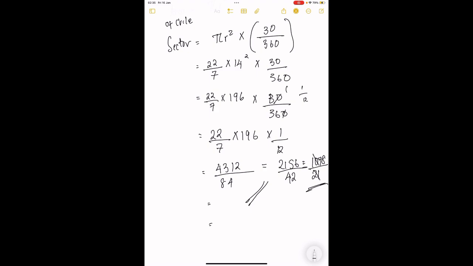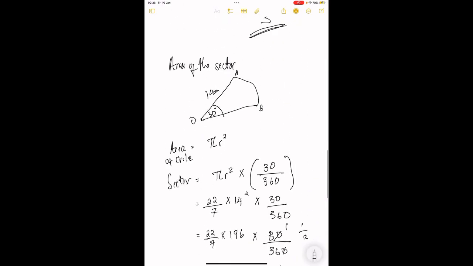So we get 154. So 154 divided by 3, and this is the final answer.